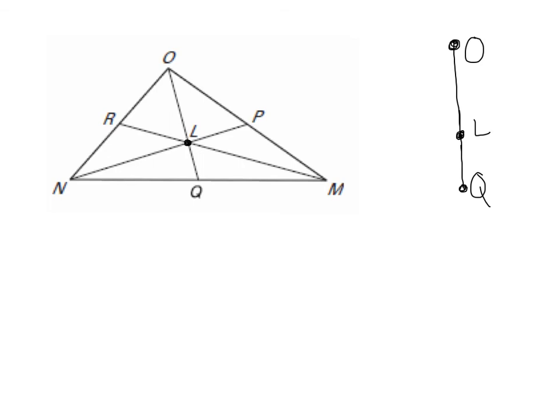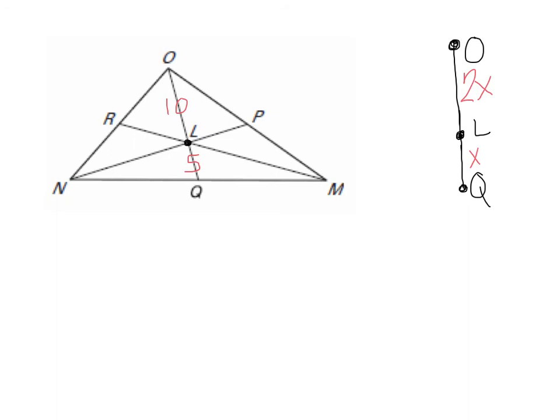Now, this median is divided into two sections so that the bigger section of the median is twice the length of the smaller section. So basically, this is 2x and this one is x. So if I were to give you that OL is 10, then you cut that in half and say that LQ is 5.